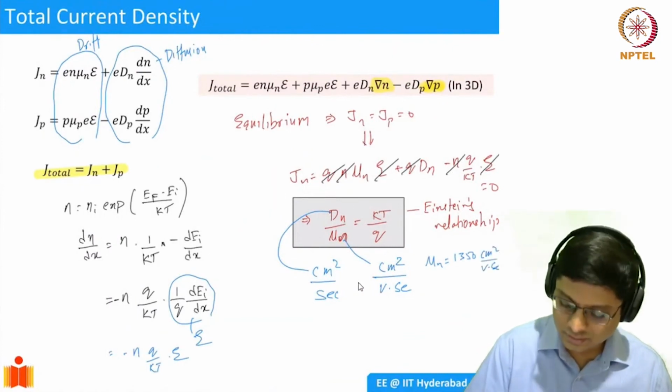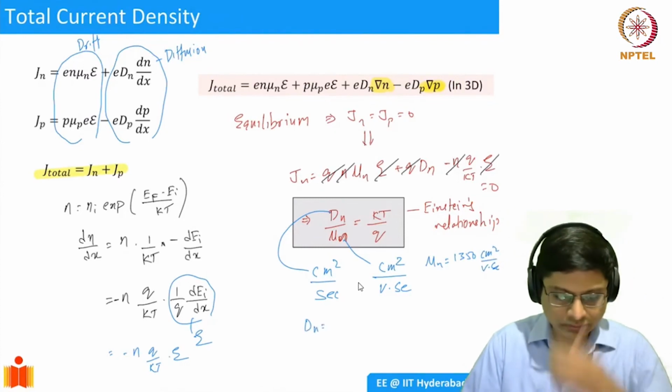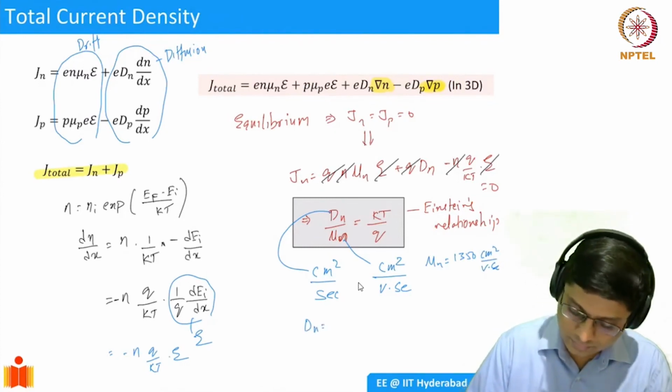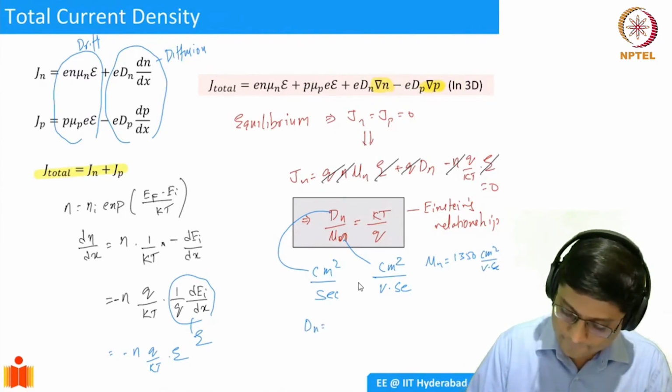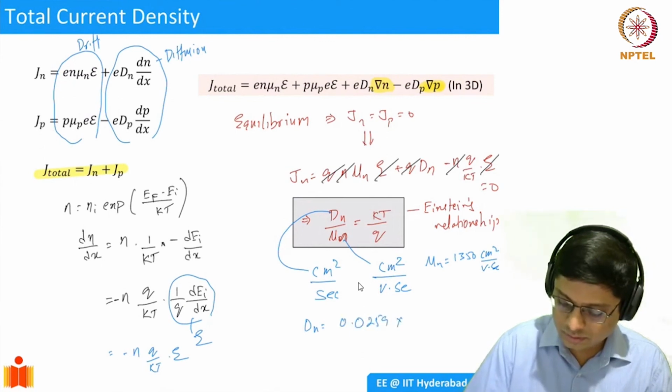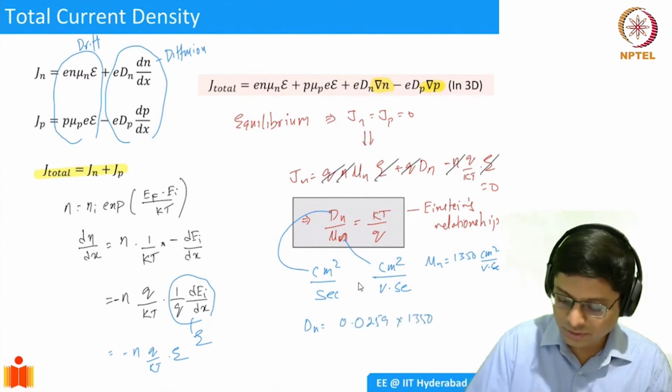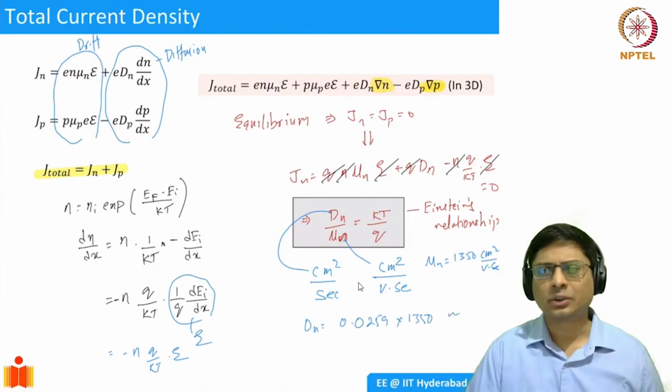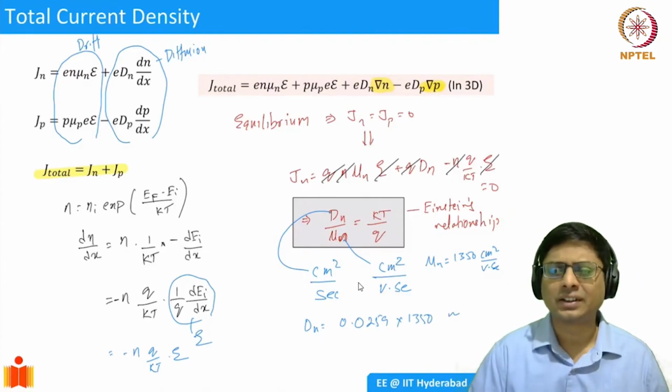So what is Dn? Dn is going to be 0.0259 into 1350. So whatever, it's going to be some number, some 30, 45, some number like that. Okay, please check it out.